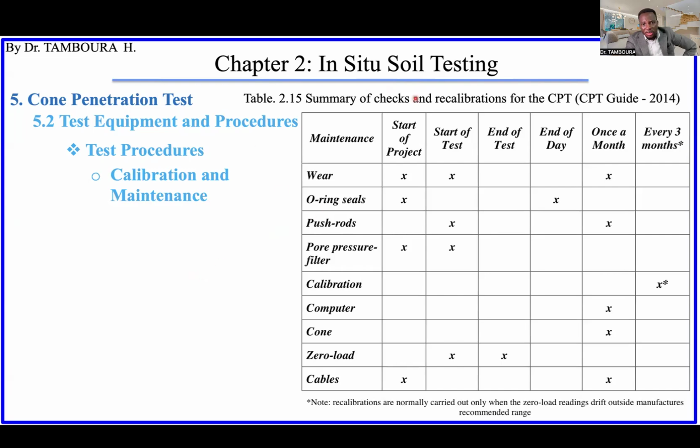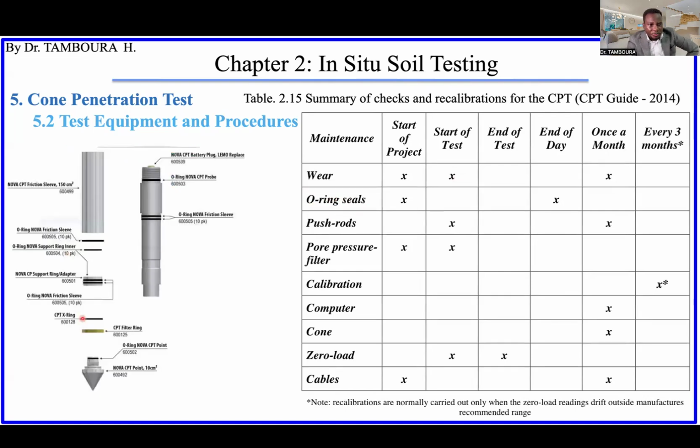Here is a table giving a summary of checks and calibration for the CPT cone. Okay, the wear, the O-rings. I will show something here. This is our cone, our penetrometer. If we disintegrate the penetrometer, we will get this kind of equipment.